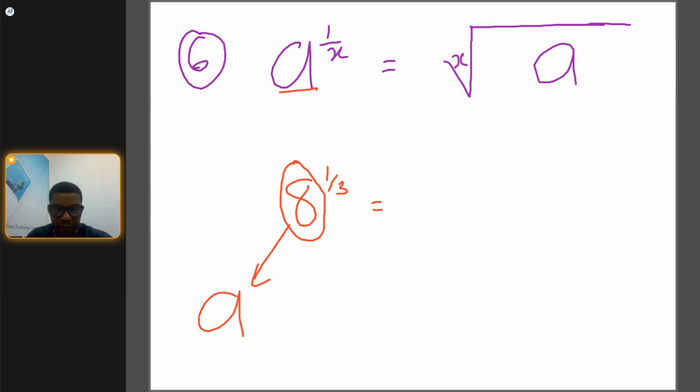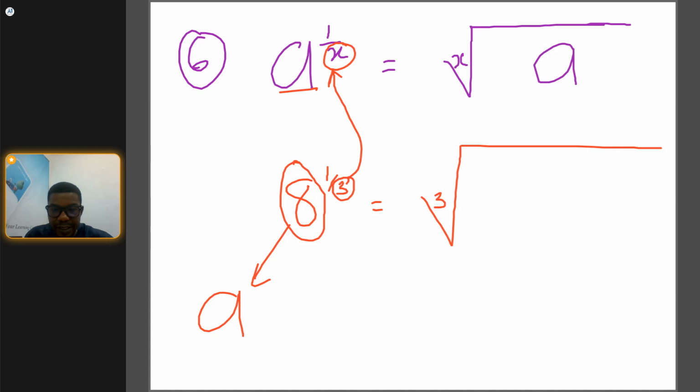A. Do you agree with me? Okay. This x here serves as what? 3. So my x here is 3. Now let me just write the same thing I have here, root. I'm supposed to put x here, but my x is now representing what? 3, right? So that means I will not have x here again, but I'm going to have 3.